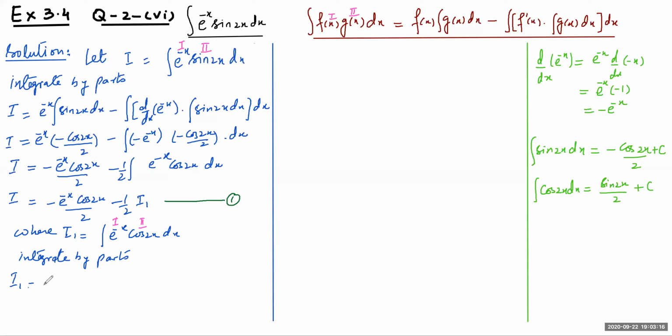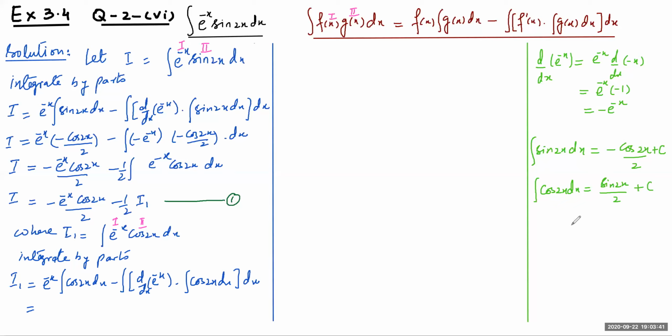I1 is equal to first function constant, integral of second, minus integral, bracket starts, derivative of first function d by dx of e to power minus x into the same integral, integral cos 2x dx, bracket close, and a dx.